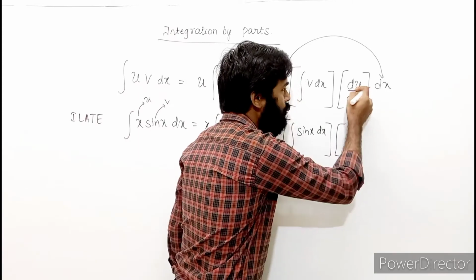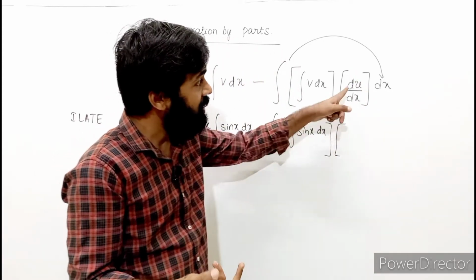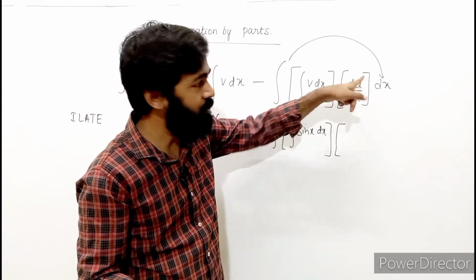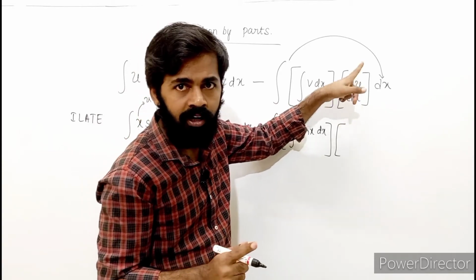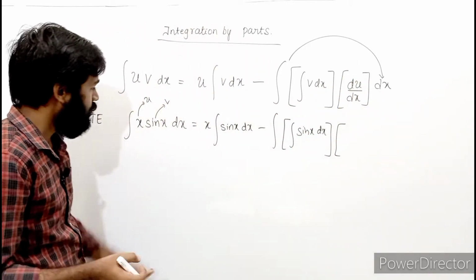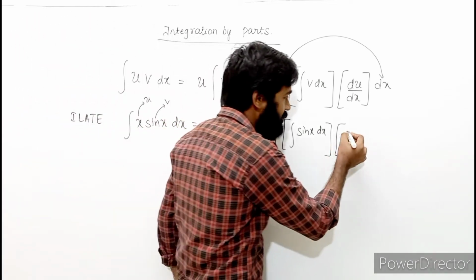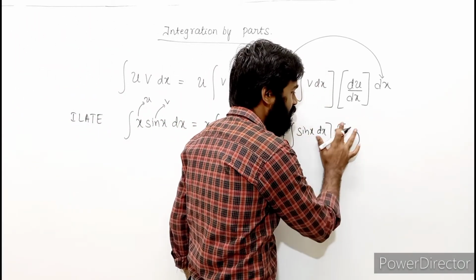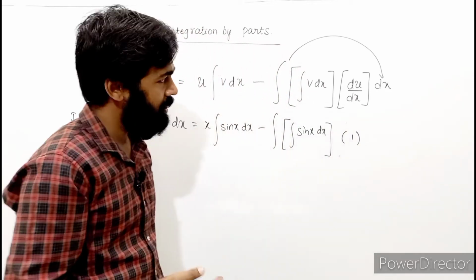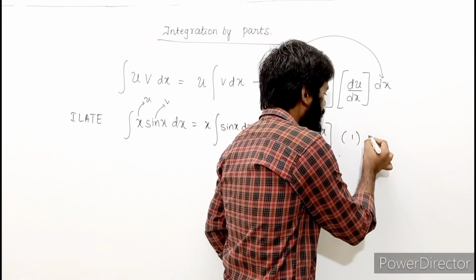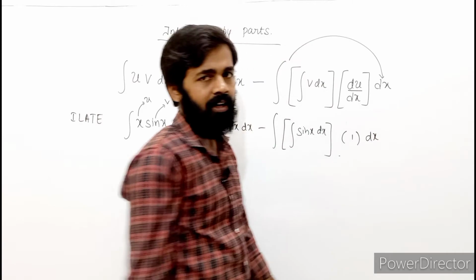And you can see du by dx. What is du by dx? It is the differentiation of u. This is differentiation, not integration. Where is u? u is x. The differentiation of x is 1, and I write dx as it is.